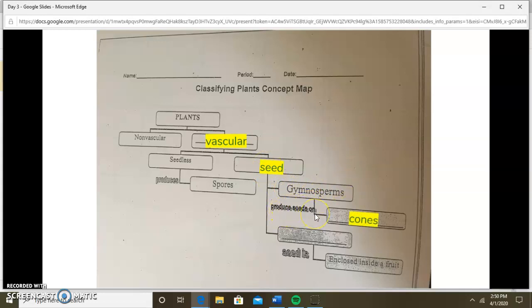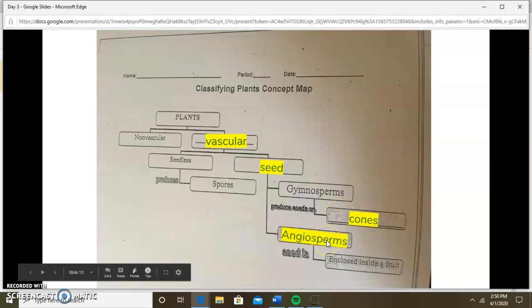Gymnosperms do produce seeds on cones, so those are like your Christmas trees, okay? And then you have angiosperms, which we have talked about before, and the angiosperms have the seeds inside of the fruit, okay? So gymnosperms, cones, angiosperms, fruit.